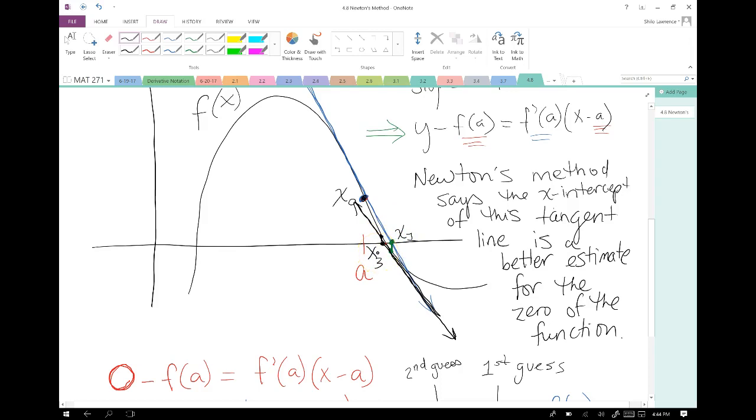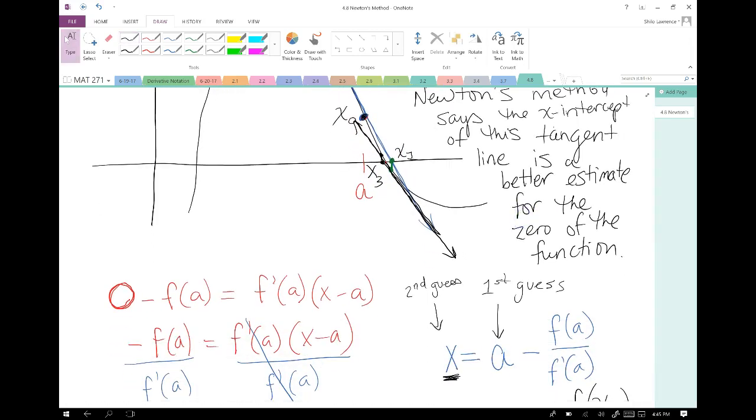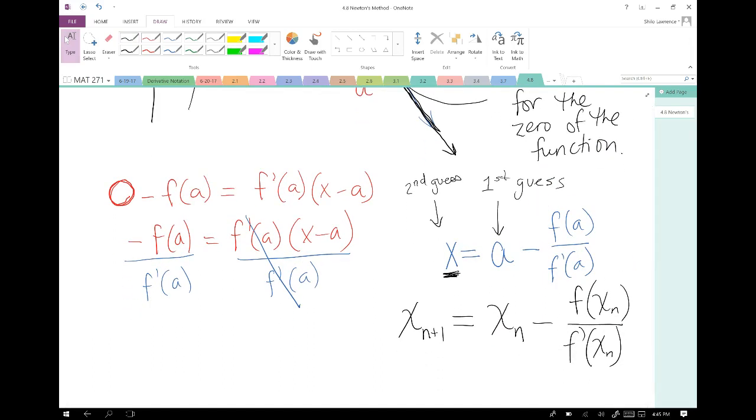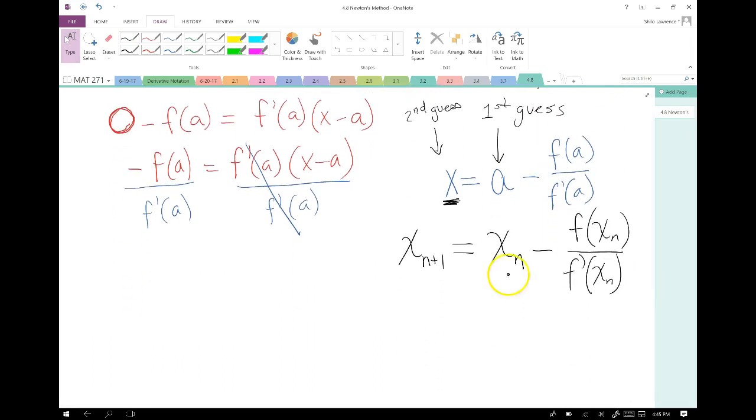That's now our third guess. If you draw the tangent line there, it's going to get us even closer. Every single time we do this, it's going to get us closer and closer and closer to our actual x-intercept on the graph. And every time we do this, we're just replacing this x with the x we just found. To get a new x, you just follow this formula with the previous x.